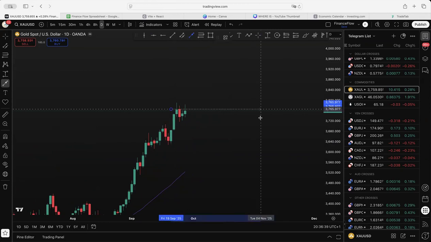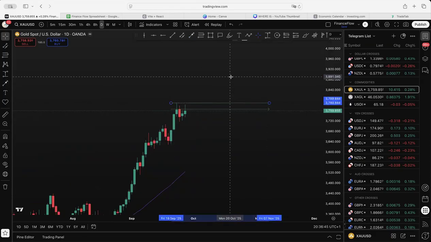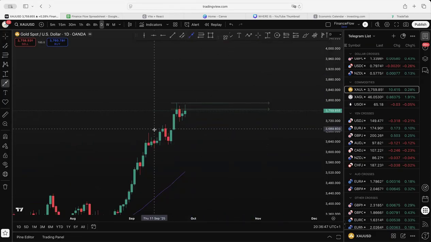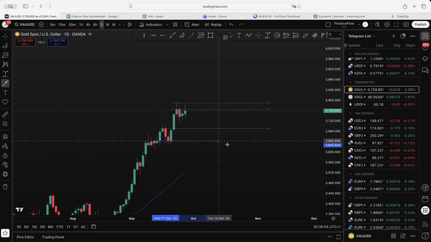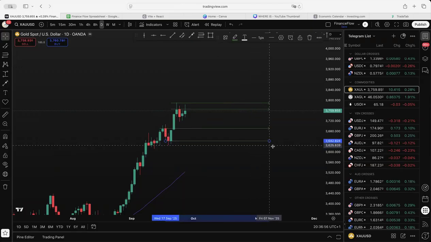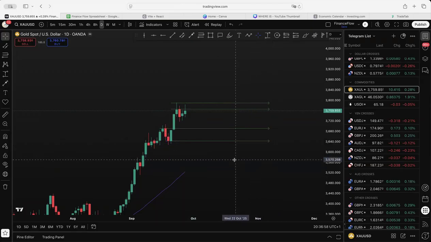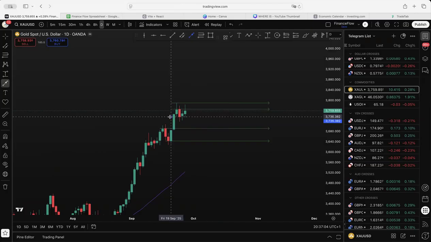So you could mark this one here. You could mark the actual all-time high. And then you'd be looking, if we do get this price dip down here, then we could. But what you also have to accept is gold hasn't ever moved like it has done recently. It's moving crazy.